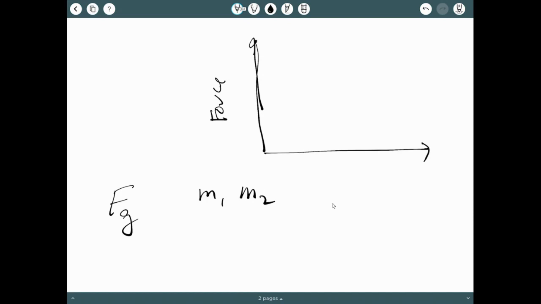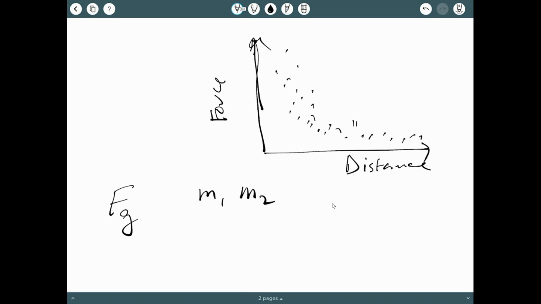So if this is force, and then we have distance on the x-axis, the distance between the two objects, and we're measuring how they're related on this two-dimensional axis, and we observe some points. These are all data points.